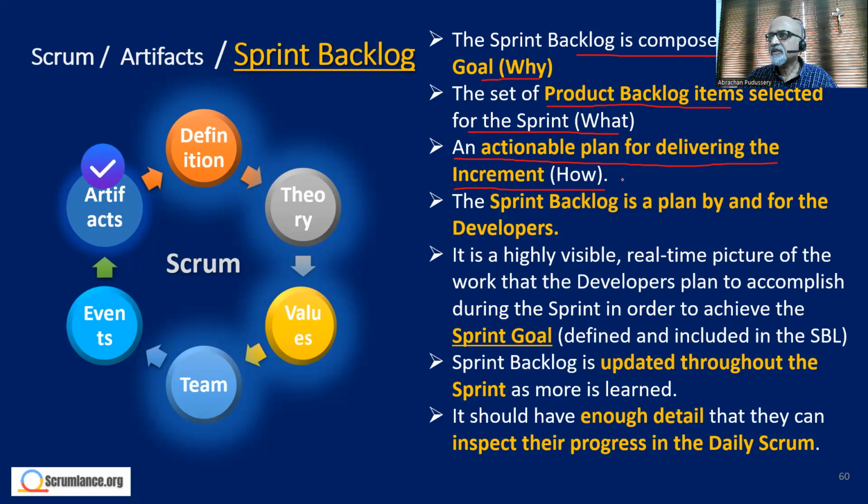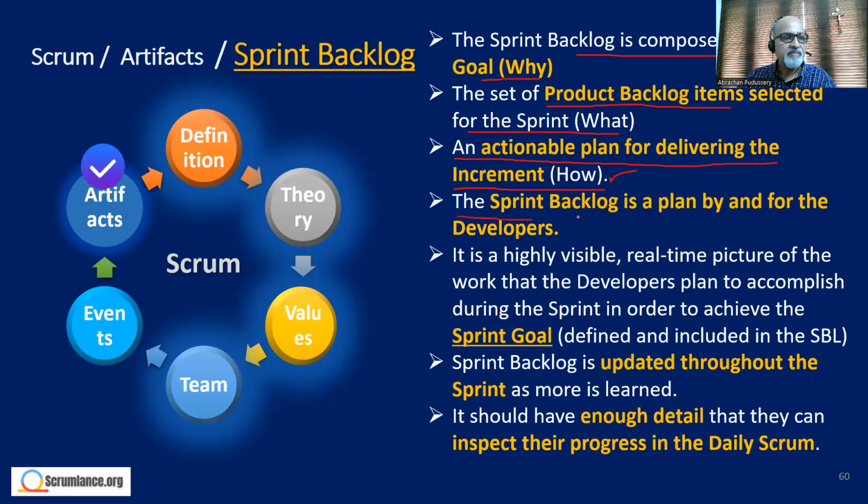At the end of the sprint planning meeting, the whole team comes out with a plan to convert the sprint backlog into an increment of the product which meets the definition of done.